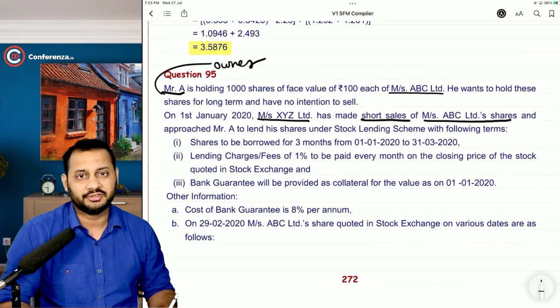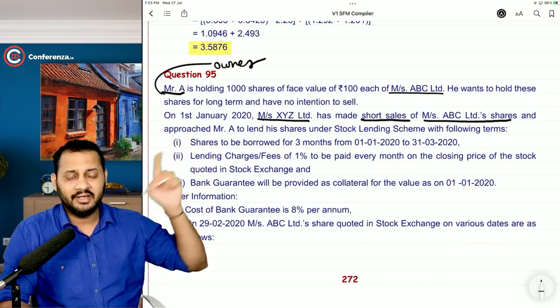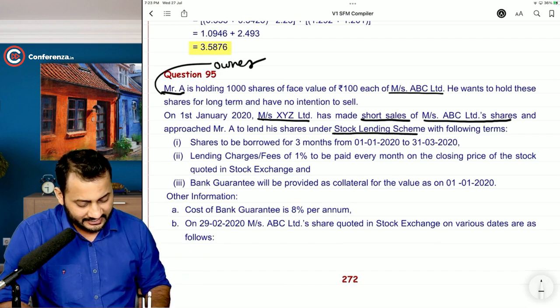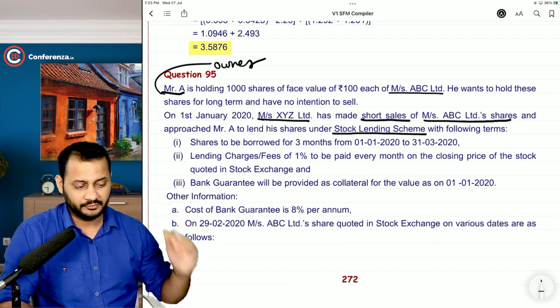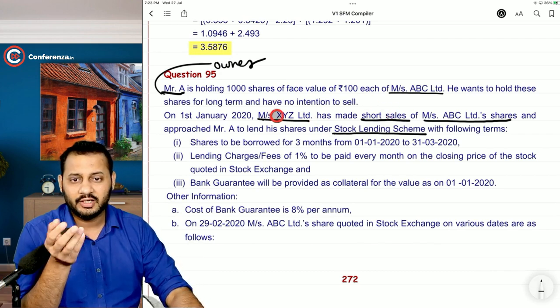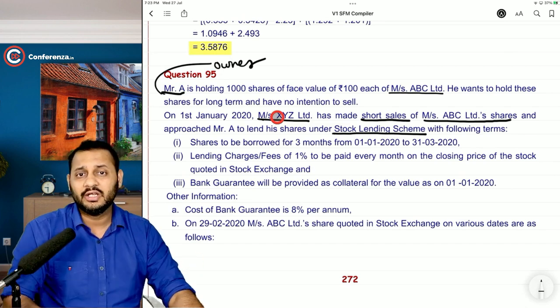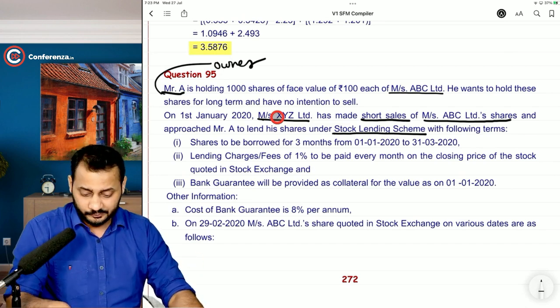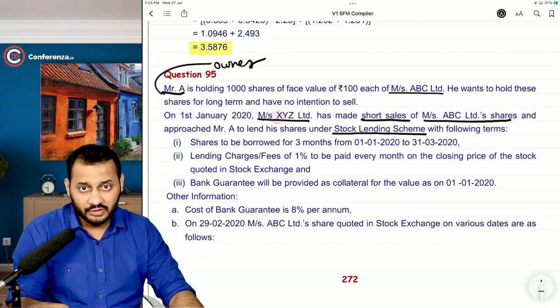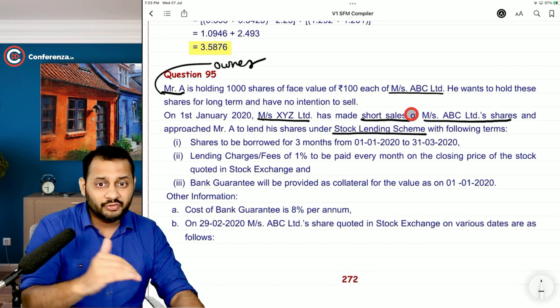He sold those shares without owning them and approached Mr. A to lend his shares under stock lending scheme with the following terms. When do you think a person is going to sell the stock without owning it? When he has this apprehension, or he is estimating that the stock of Messrs ABC is going to fall.